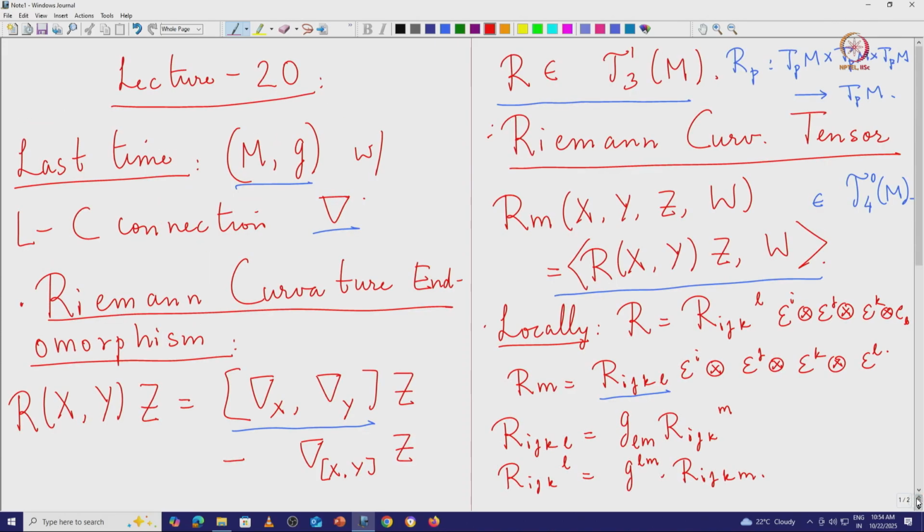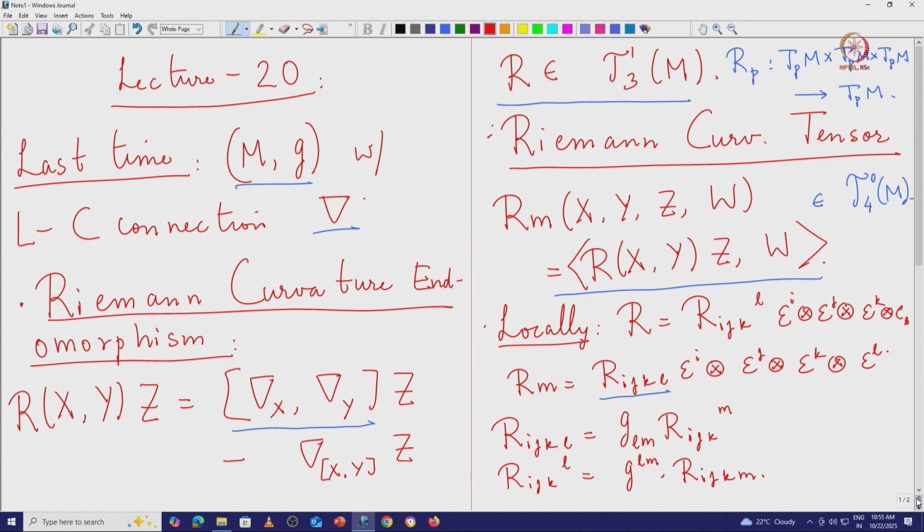So let me briefly explain that. In some of the books, instead of the commutator of nabla_X and nabla_Y, you would define the curvature endomorphism as the commutator of nabla_Y and nabla_X, and then of course the Lie bracket term will also be [Y, X] rather than [X, Y].